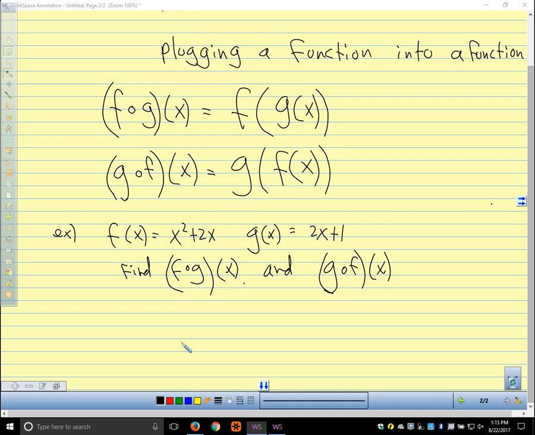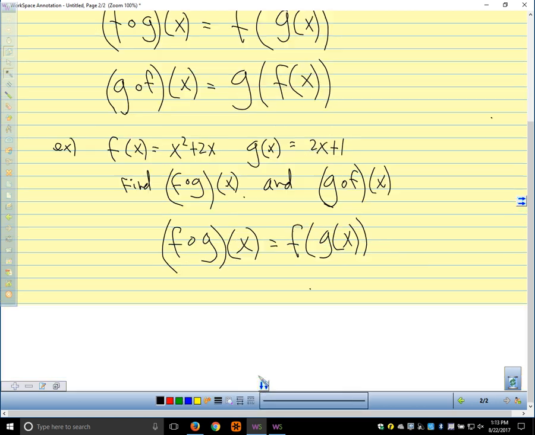All right, so f of g of x is f of g of x. I'm just writing this explicitly. This is telling us everywhere we see an x here, we plug in g. So that's going to be 2x plus 1 squared plus 2 times x plus 1.